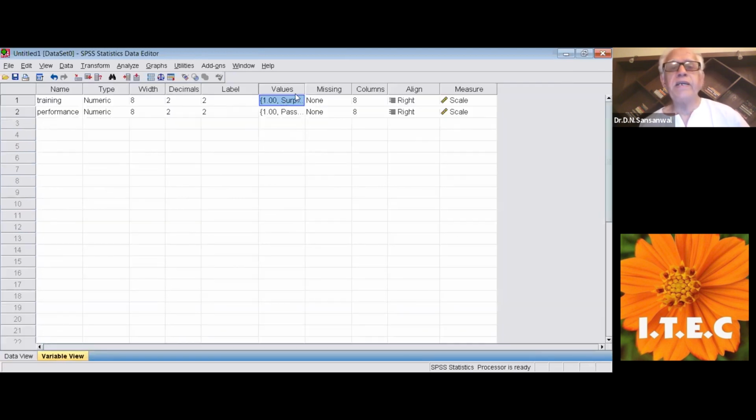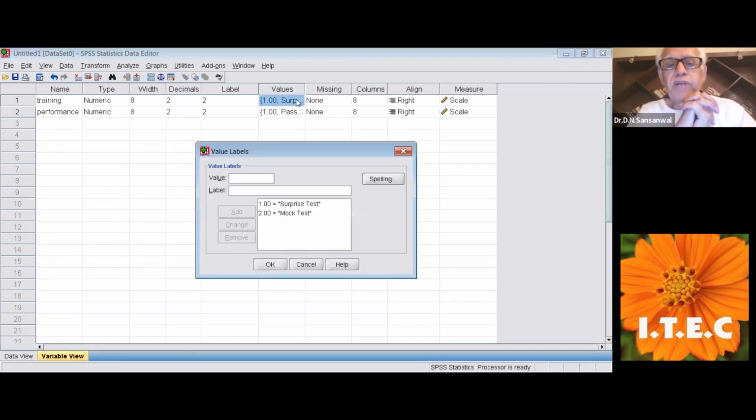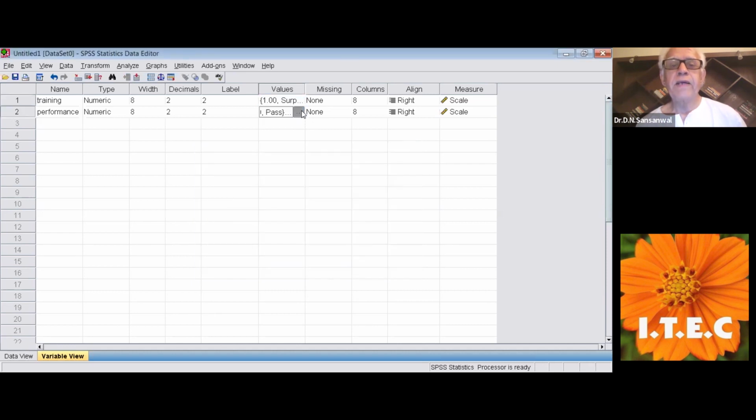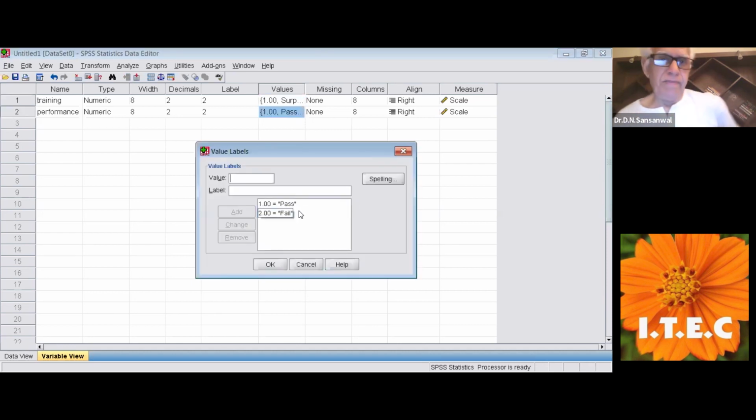You can see, this was the further training, or you can say test, doesn't matter. Okay, there is a surprise test and there was a mock test. This was the one, and then another is pass and fail. Performance is pass and fail.